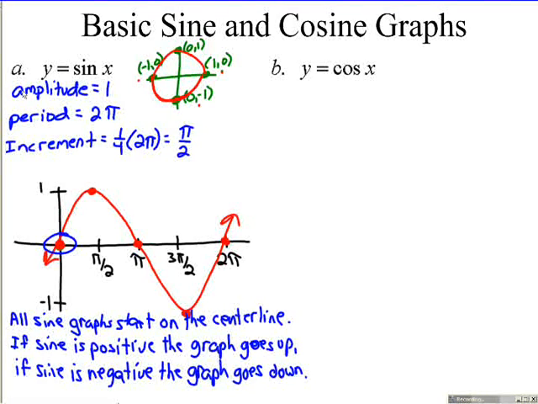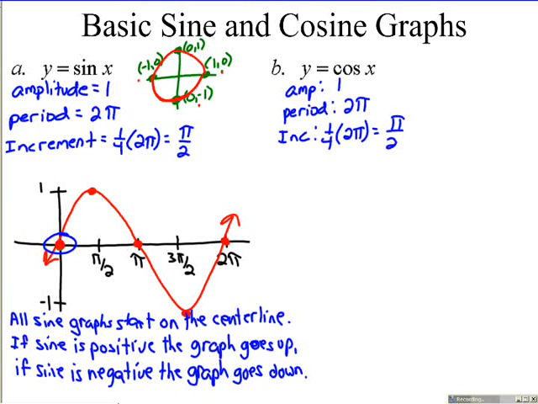Second one, cosine. Amplitude, period, and increment. Amplitude is still 1, period is 2 pi, increment is still 1/4 of 2 pi or pi over 2.